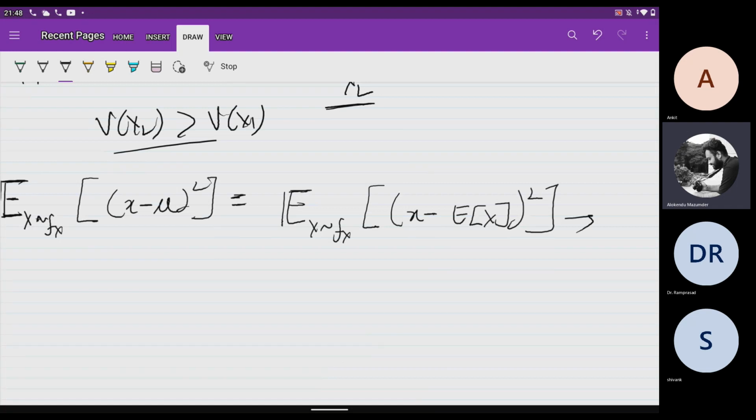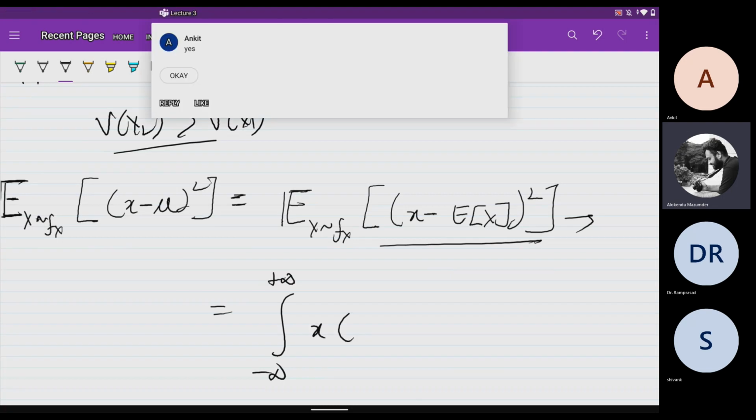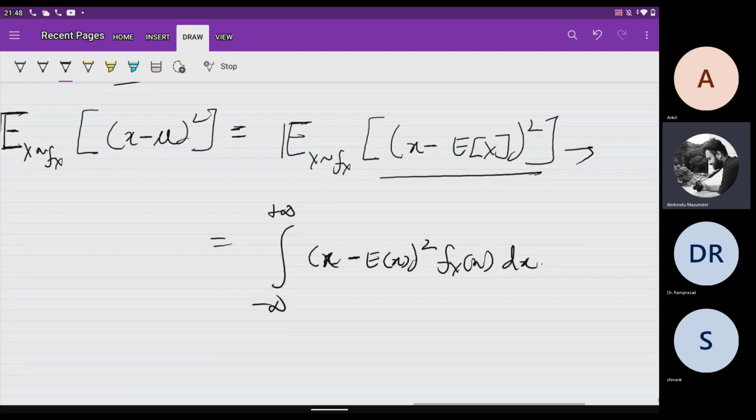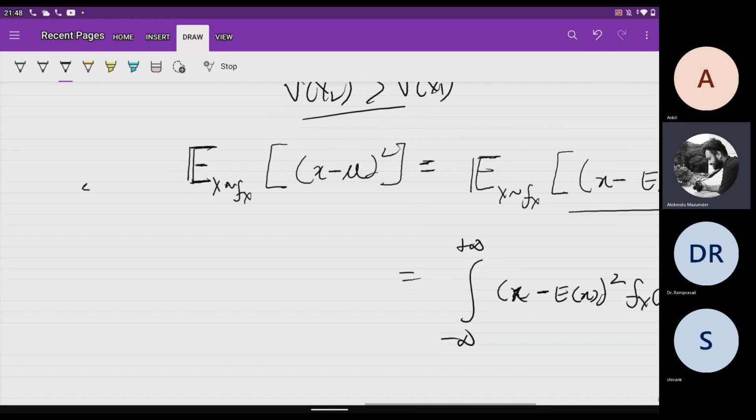So it's a real number, and it will be written as the integral of (x minus expectation of x) whole square times f of x dx. This is how you can write it, and this is known as variance, denoted by sigma square.